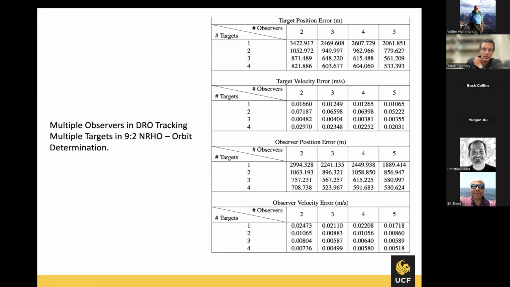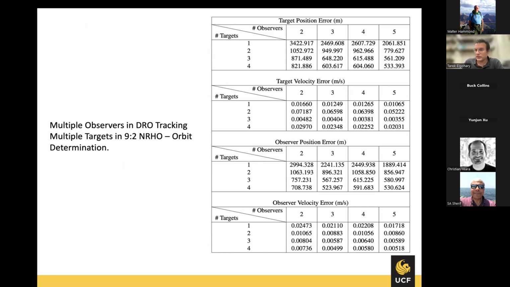We have multiple observers in DRO, a distant retrograde orbit, tracking multiple targets in GEO. We go from 1 to 5 observers and 1 to 4 targets. For this to work, the minimum number of observers looking at one target has to be 2, because we're using the intersection of planes. So 2, 3, 4, 5 observers, and 1, 2, 3, 4 targets.